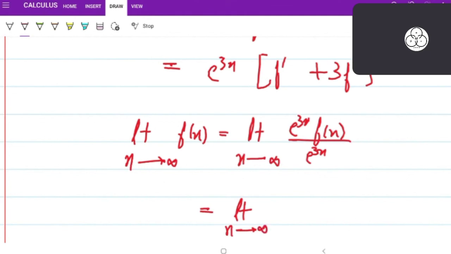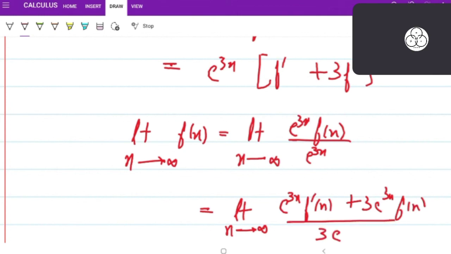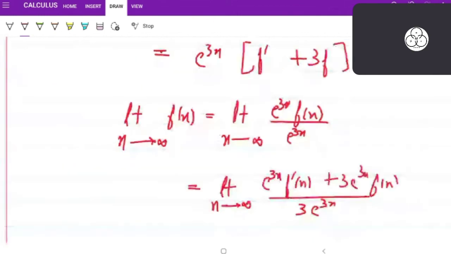Now you'll use the same L'Hopital rule. Don't go for the pronunciation. We'll have e to the power 3x f dash x plus 3 times e to the power 3x f(x) in the numerator, and in the denominator we will have 3 times e to the power 3x.